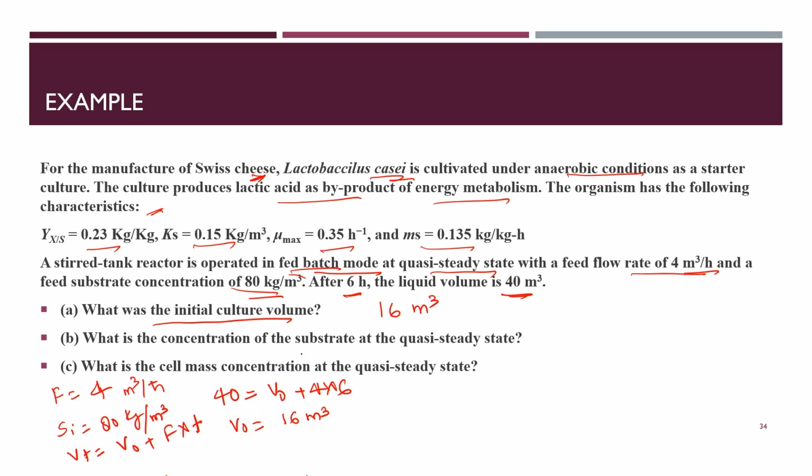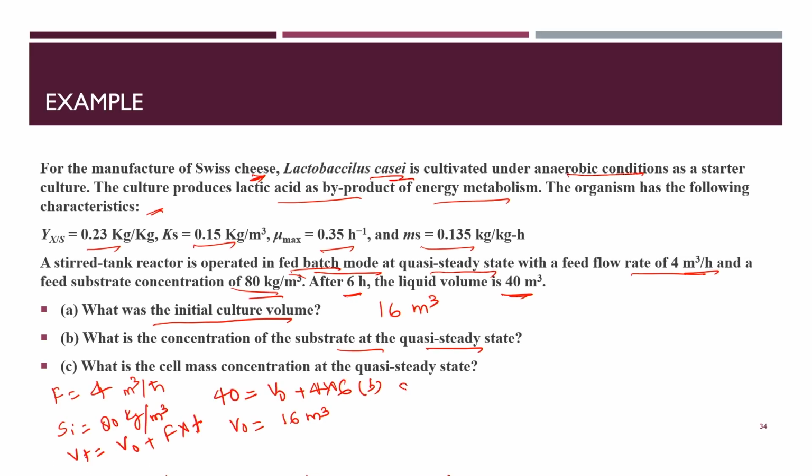Now, next is what is the concentration of substrate at steady state. To find the value of substrate at steady state, if you remember the equation for part B, S equals D into Ks divided by mu max minus D. Now, what is D?